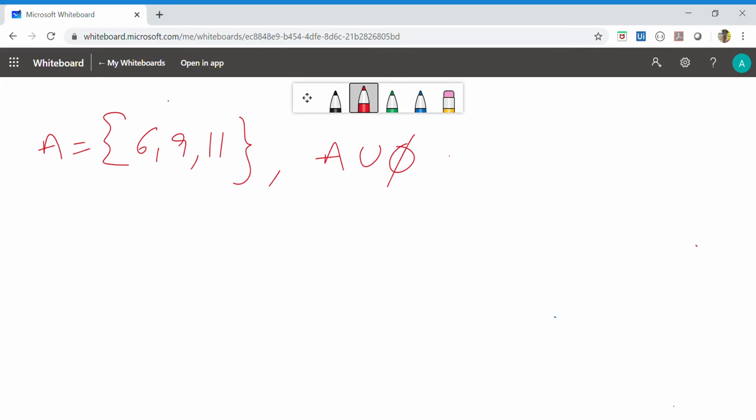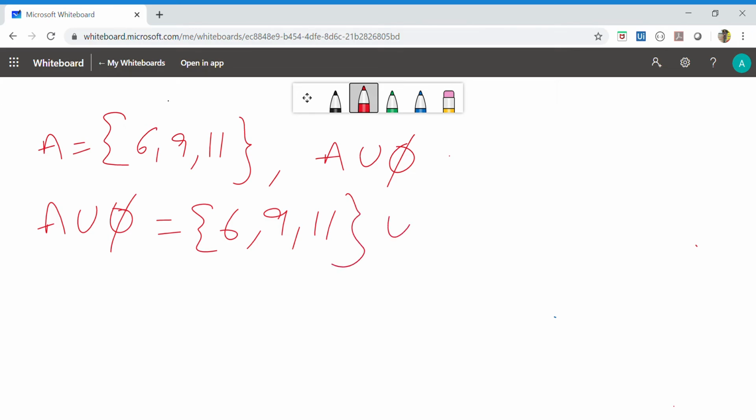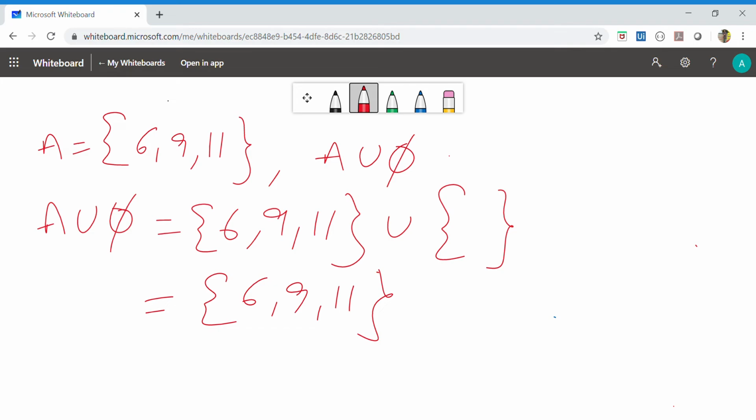Like these problems, you guys get confused. A union empty set: A is {6, 9, 11}, and the empty set, the null set, has no elements. Union means all together, so you have to write 6, 9, 11. So that is A union empty set.